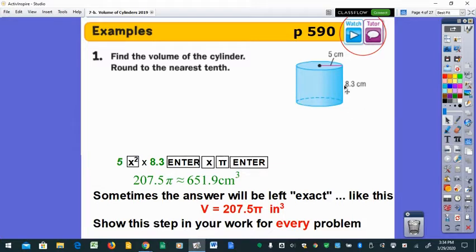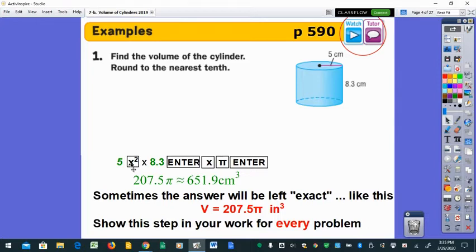Here is a cylinder. I'm seeing that this measurement in this red line segment right here goes from the center out to the edge of that top circle. So that would be the radius. I've been given the radius of 5 centimeters. I've also been given the height of the cylinder, which is 8.3. So I'm going to come over here and take my radius and square it.